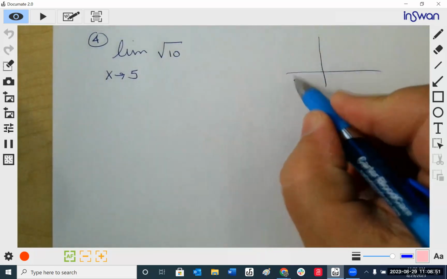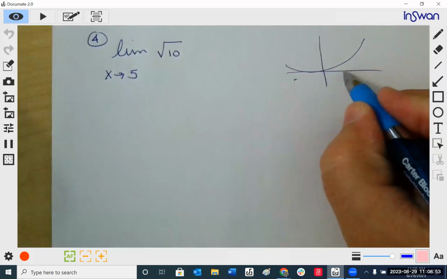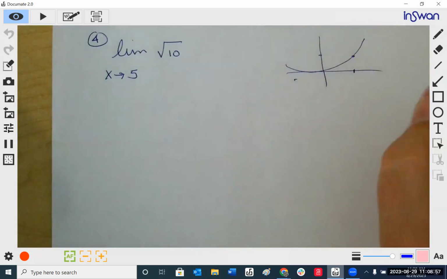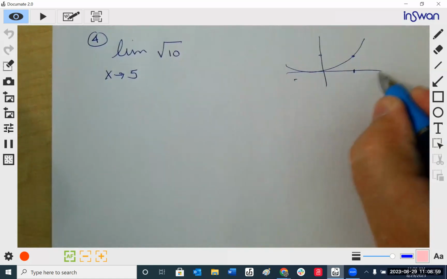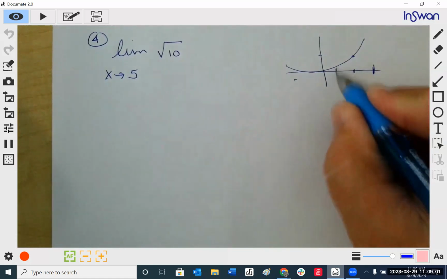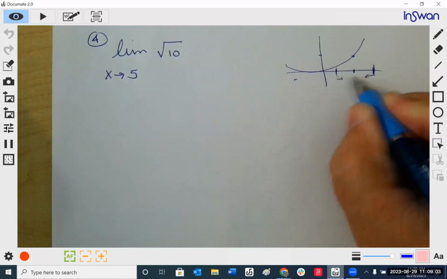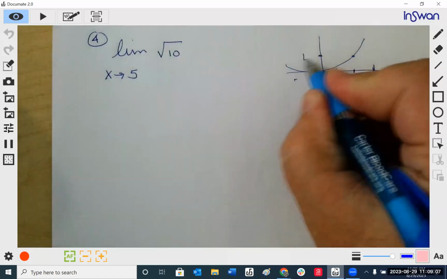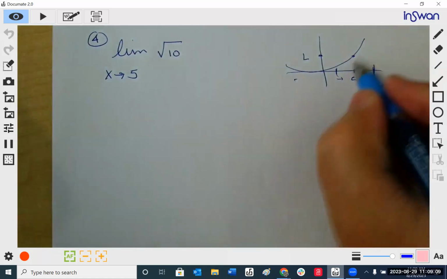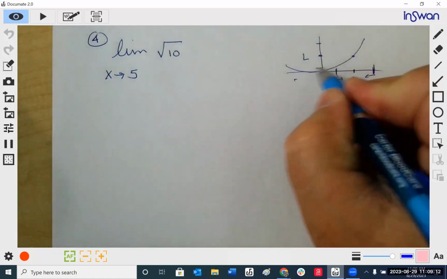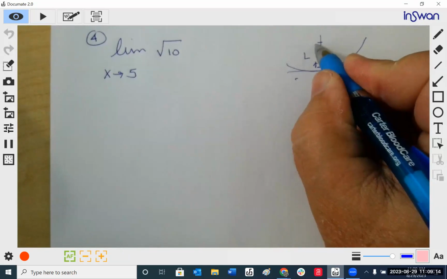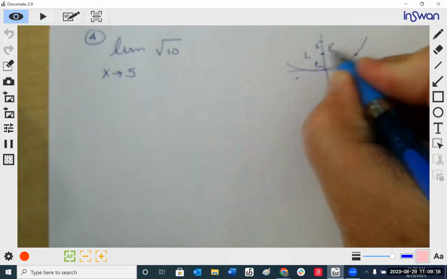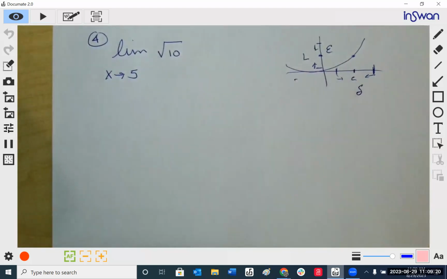Let's say we had a curve, and a point right here. The closer and closer we get to this point, we get to a limit point. These are our epsilons. These are our deltas.